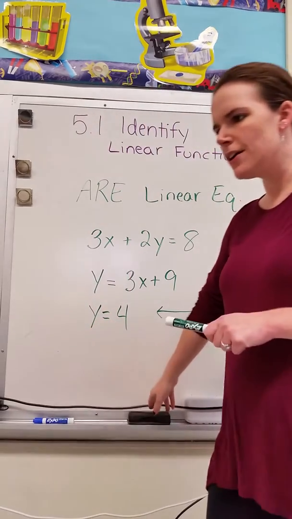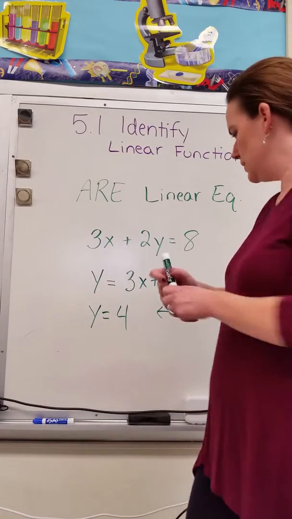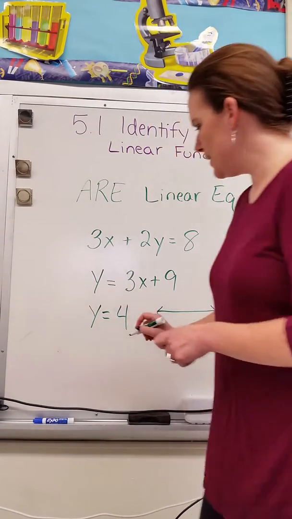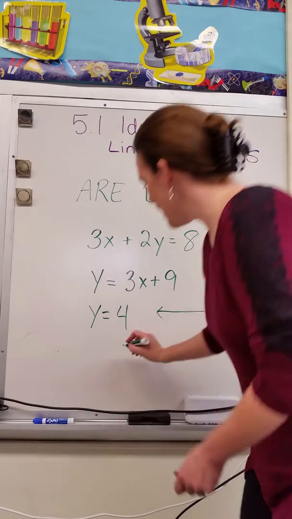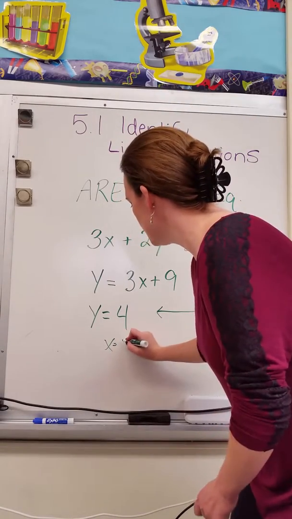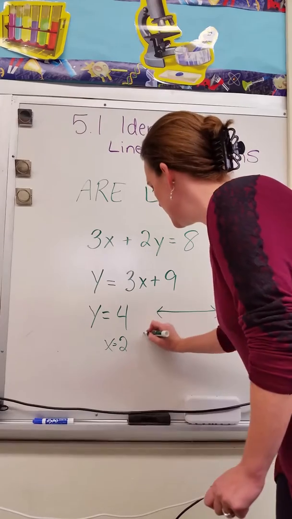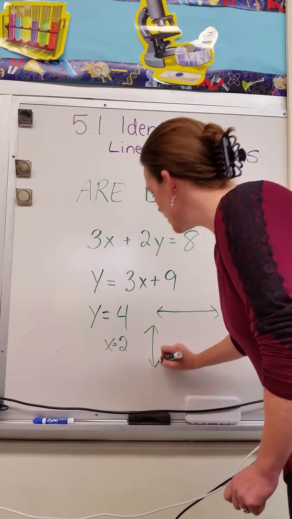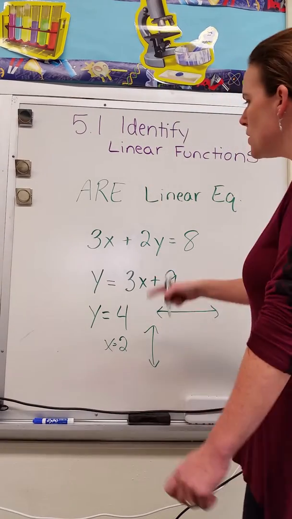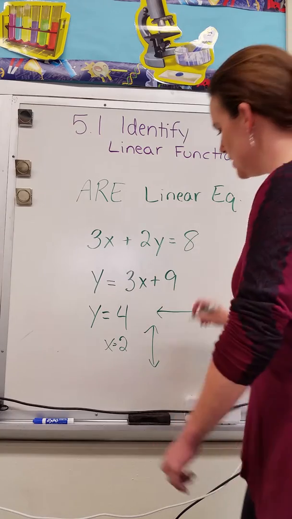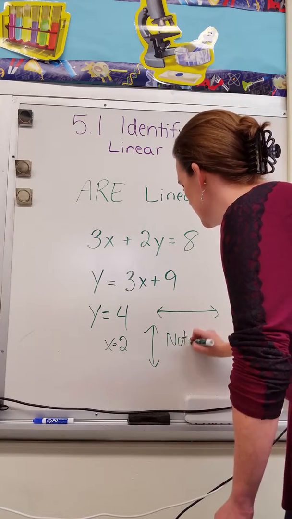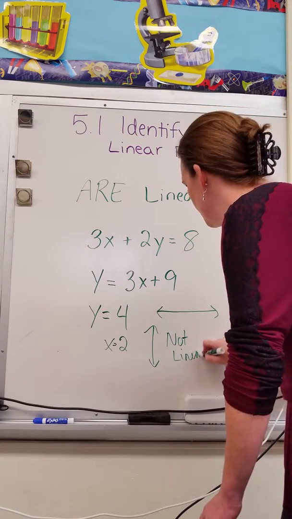The only thing I would say here too is be careful. If you had x equals something, like x equals 2, that's this vertical line. So even though, yes, that's a linear equation, this is not a linear function.